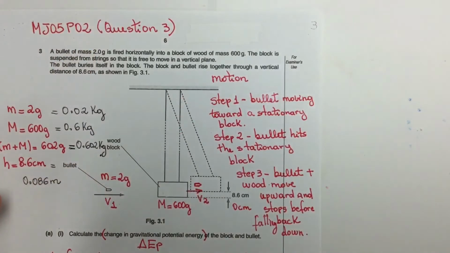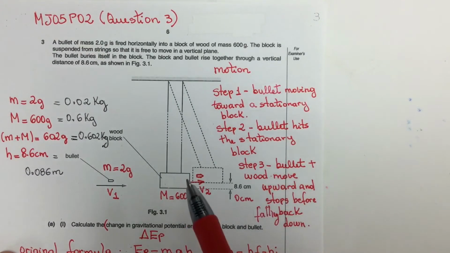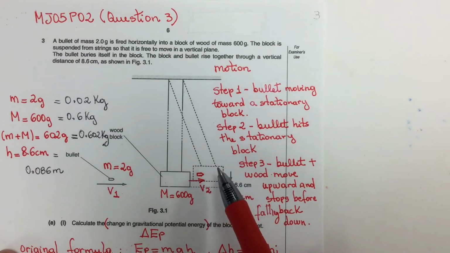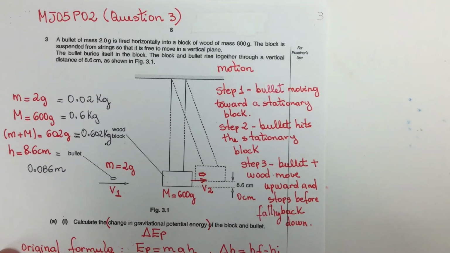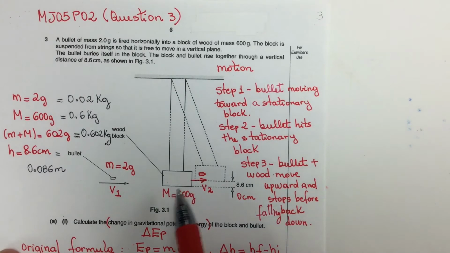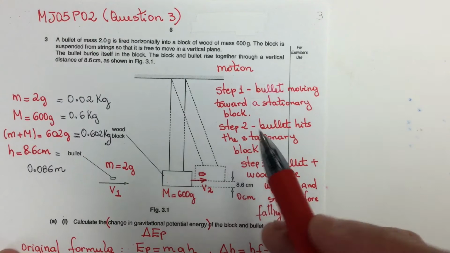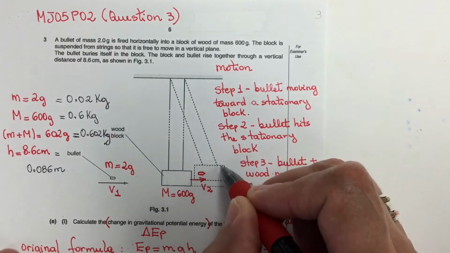So let's review here on step 3. On step 3, the bullet and the wood move upward and stop before falling back down. So we are going to use this approach to define our potential and kinetic energy at the bottom of this motion and at the top of this motion. Please note here, when this stops, the velocity is going to be 0.